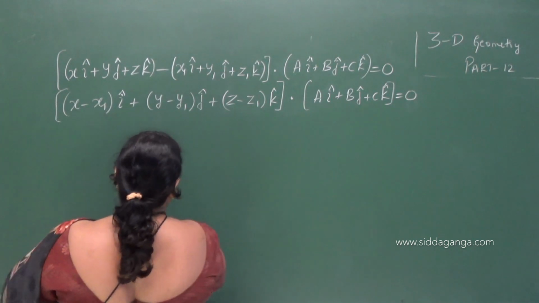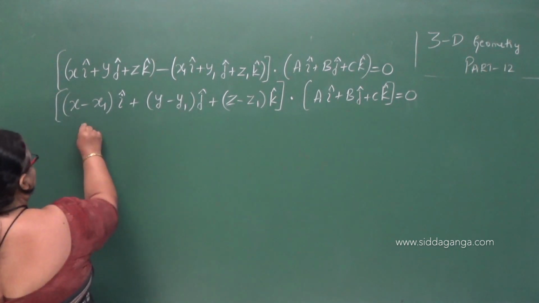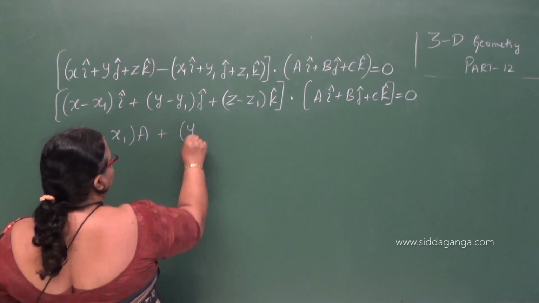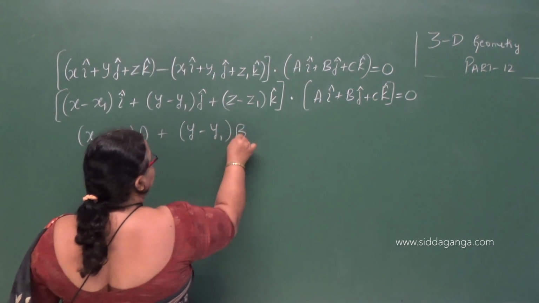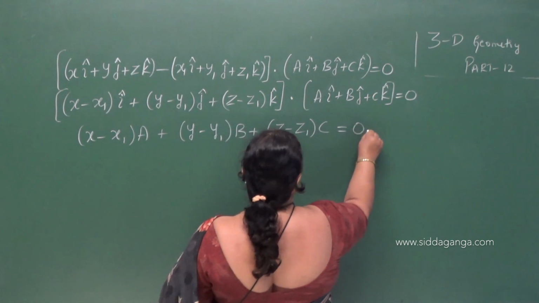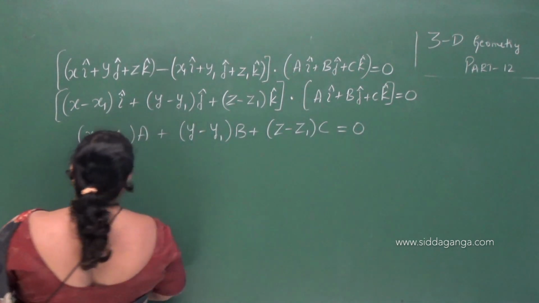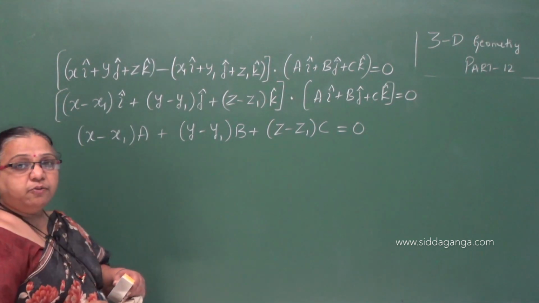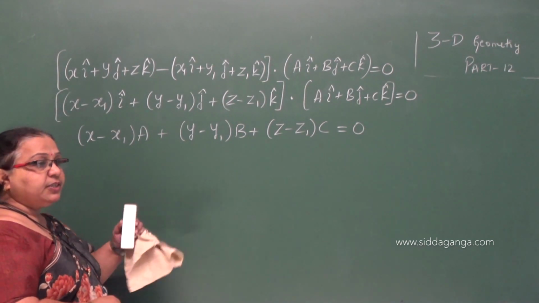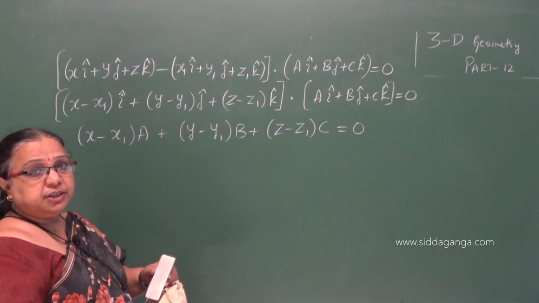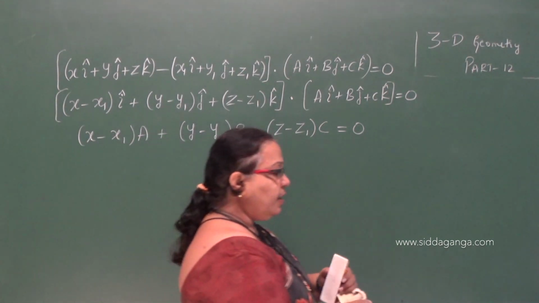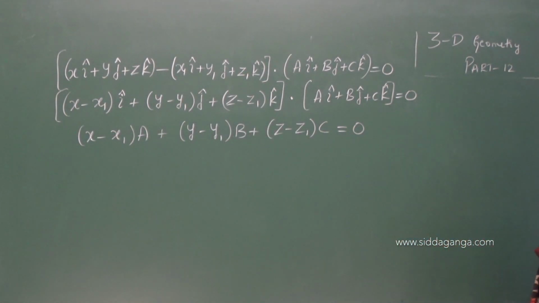Multiplying the components, we get x minus x1 into a plus y minus y1 into b plus z minus z1 into c equal to 0. Now this is the required equation of the plane in the Cartesian form. So this represents the equation of the plane in the Cartesian form. This is the second theorem.